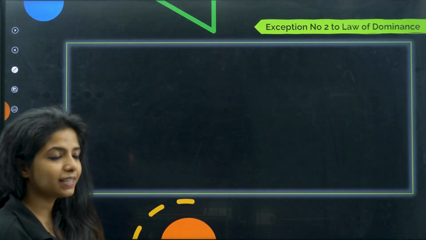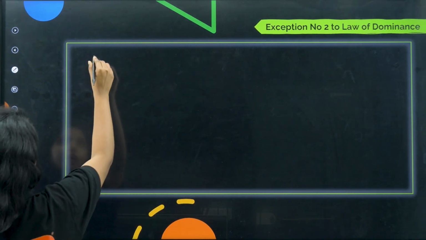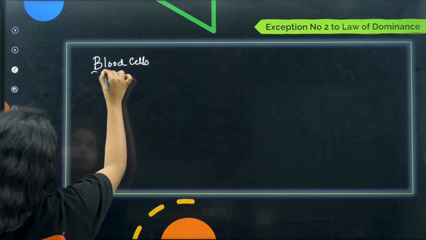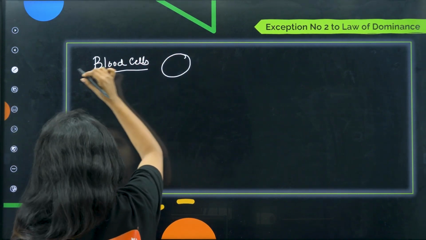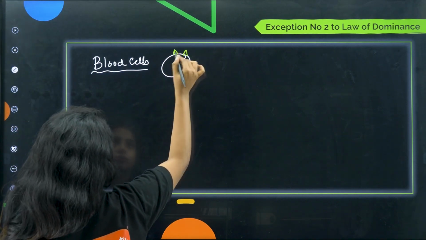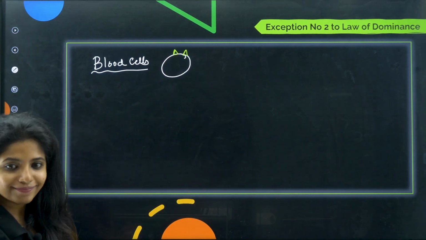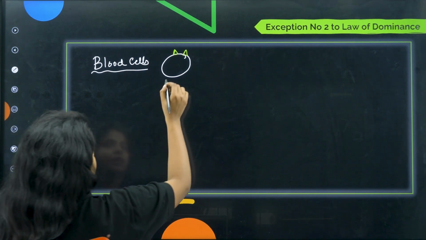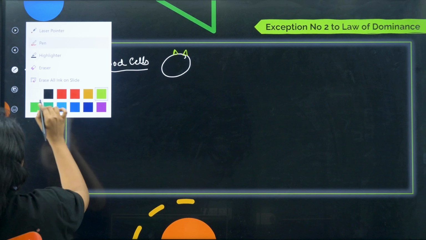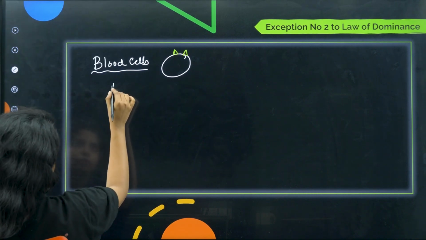Listen. So basically, on the surface of our blood cells, we have certain antigens. Agreed? Now, over here, I am saying we have three types of blood groups.